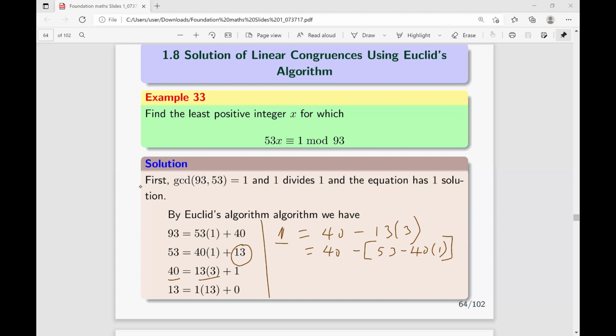Then close the bracket and write this 3. So when you open these brackets, you get 40. This minus times 53 gives you minus 53. And remember, there's something outside, which was 3. Just opening the bracket by multiplying by whatever is outside the bracket. So what is outside the bracket is negative 3.